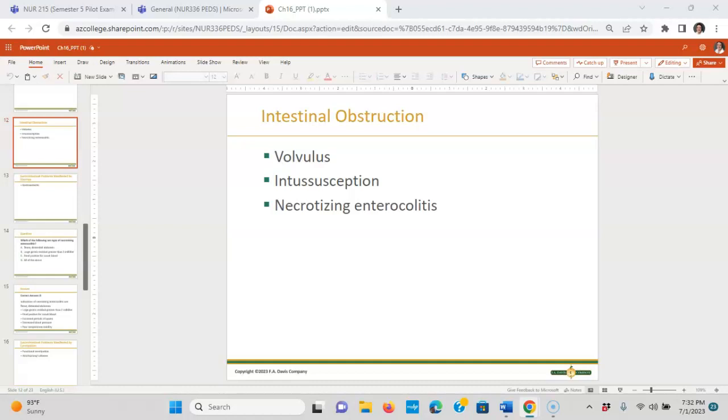So now we get into necrotizing enterocolitis. So consider that we have more premature infants in the US now. So this is often going to occur in premature or chronically ill infants. This is tissue death of the intestine. Let's go back to where it comes from.